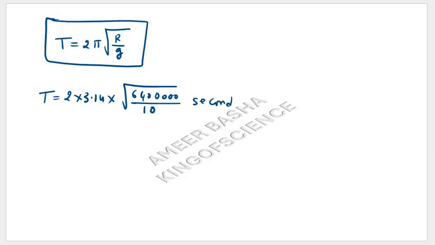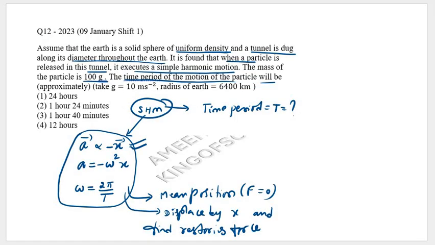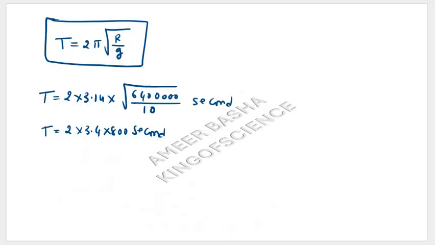So the 10 and 10 cancel, and it comes out to be the square root of 6400 times 1000 divided by 10, which gives 800 seconds, since the root of 64 is 8. Now they are asking the answer in hours and minutes, so let us first convert into seconds.